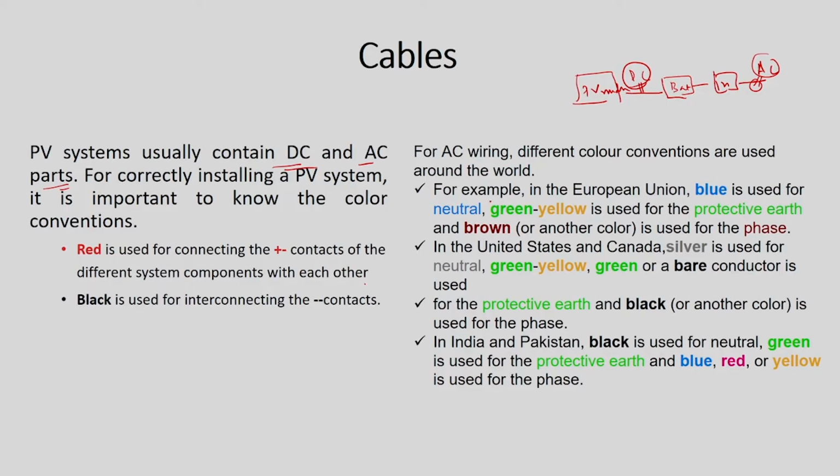The color code used in the European Union is different from the color code used in other countries. In the case of India and Pakistan, black is used for neutral and green is used for protective earth, and blue, red and yellow are used for phase. So, these kinds of color conventions are used.